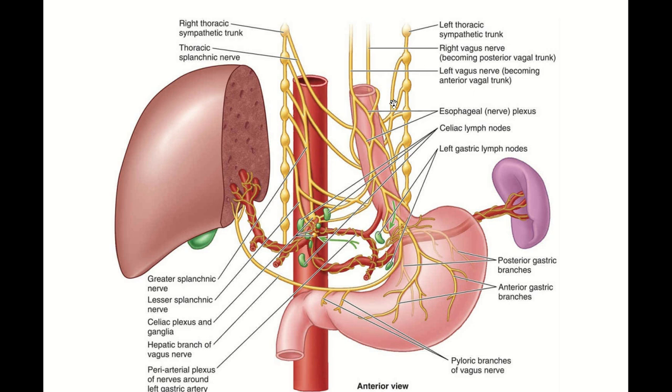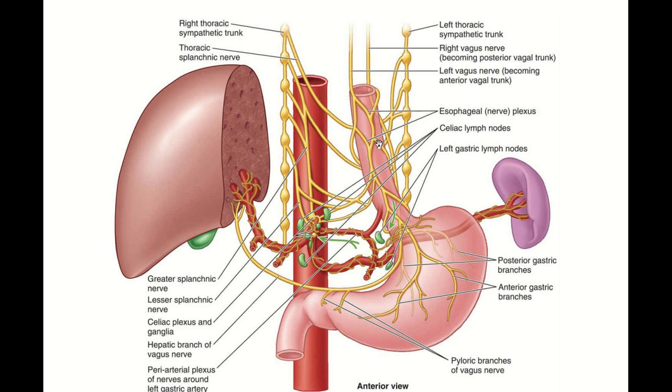So what happens is this, right? Remember that you have the left vagus nerve. In the abdominal esophagus, the left vagus nerve will receive branches from the right vagus nerve and form an anterior vagal trunk. So the anterior vagal trunk has its main branches coming from the left vagus nerve.